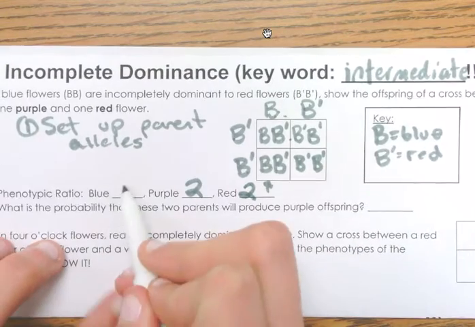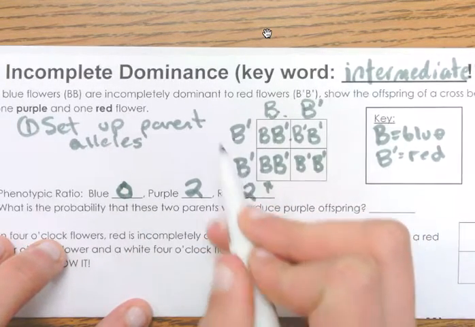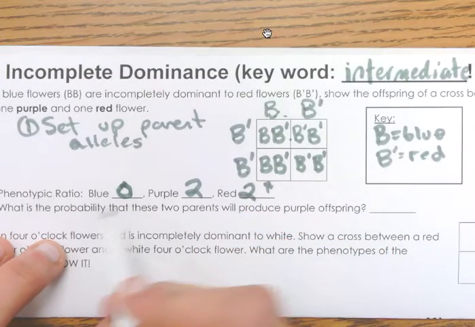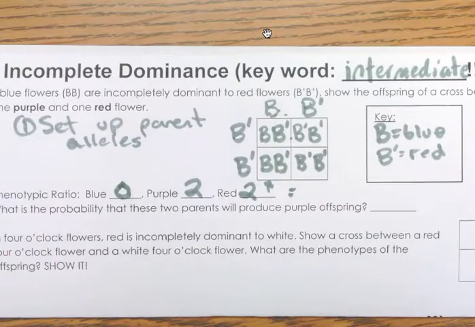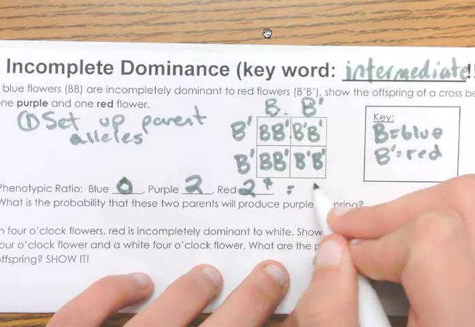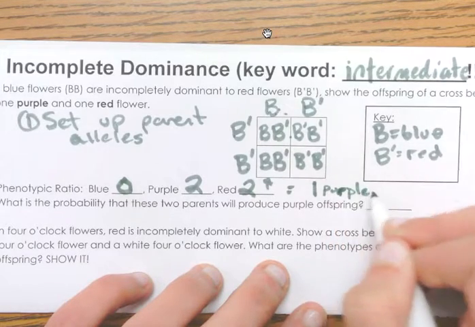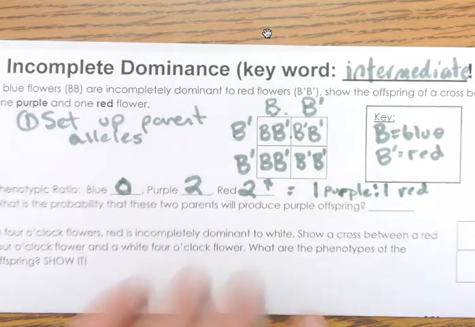Note I don't have any blue offspring because this parent here didn't have any of those blue alleles to start with. So I have a ratio of 0 to 2 to 2, which we could simplify: for every 1 purple offspring I get, I should get 1 red offspring. Those are my odds.